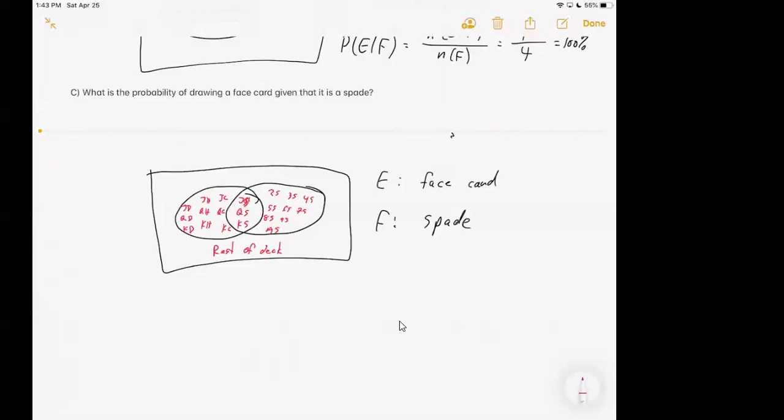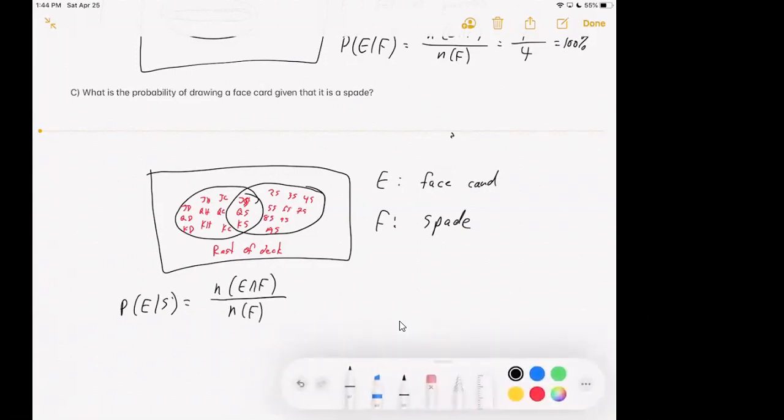So this one is where the formula might be a little bit more useful. We need to find the probability of being a face card given that it is a spade. So we need to look at the number that are in the intersection of E and F over the number that are in F. Now let me highlight what this is saying in green.